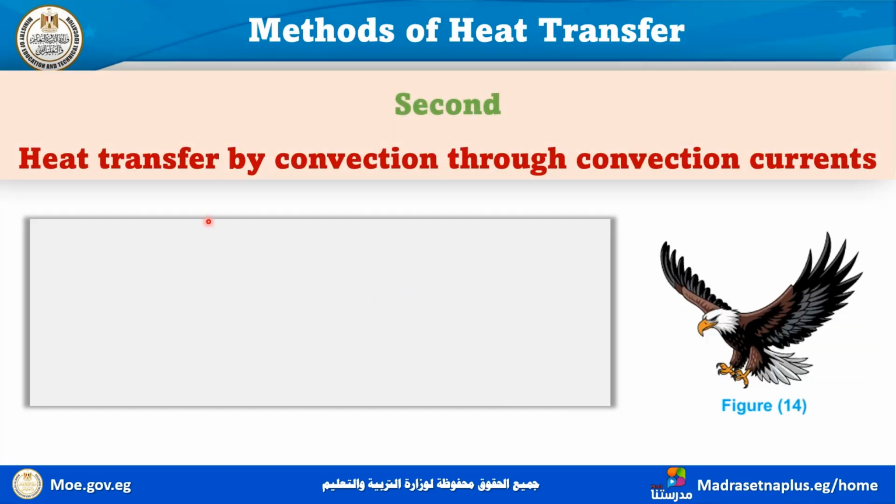Now let's learn about heat transfer by convection through the convection current. This is the second method of heat transfer, heat transfer by convection. Let's observe this figure.